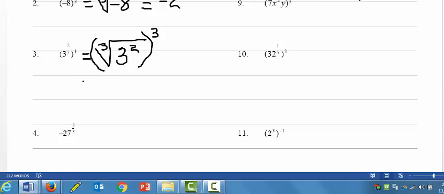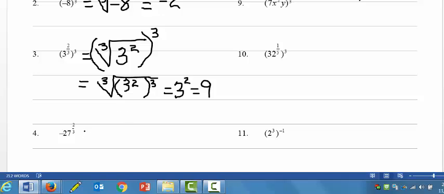Well, this is the cube root of the cube, so I can bring this power of 3 on the outside inside the radical. So this is the cube root of the cube of 3 squared. So the cube root and the power of 3 eliminate each other, and I'm left with 3 squared, which is 9.